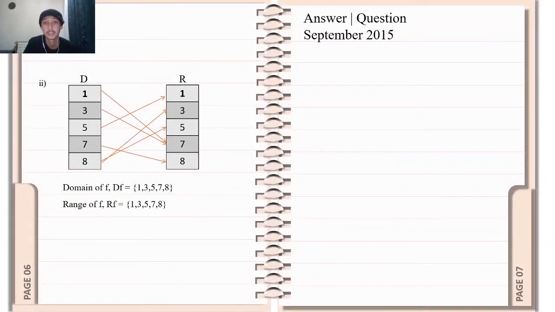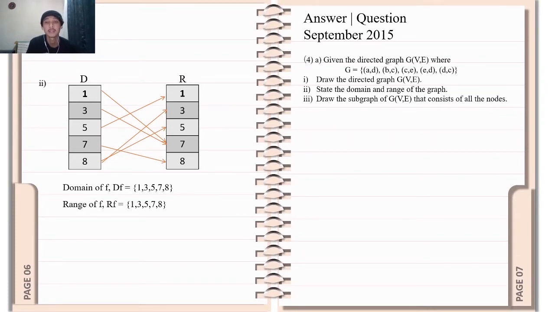For the next question, which is September 2015, part A: given the directed graph G(V, E), where E is the set of elements AD, BC, CE, ED, and DC. For the first question, draw the directed graph G(V, E).